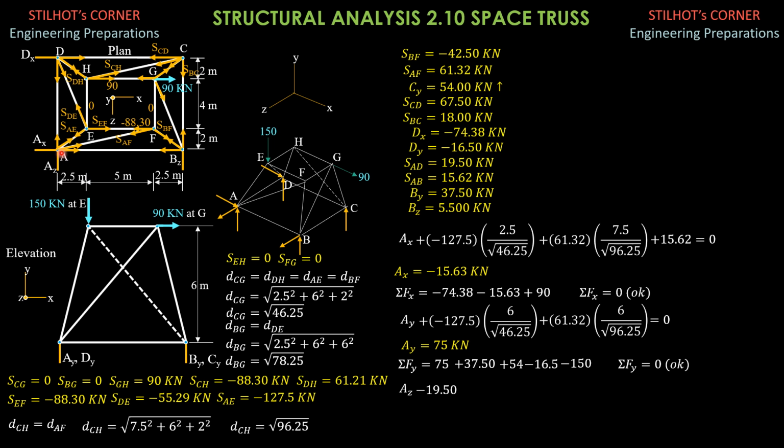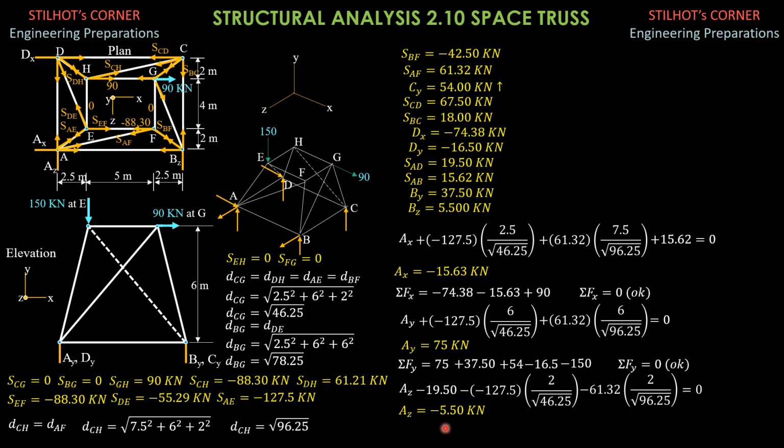Then minus SAE, which is minus negative 127.5 times 2 over square root of 46.25 distance. Then minus SAF, and SAF is 61.32 times 2 over square root of 96.25. Then equals 0. So AZ is equal to negative 5.5, rounded off.